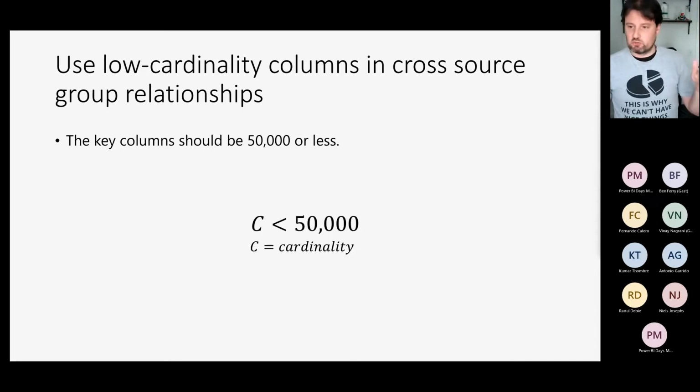That's great if it's your own source. But let's imagine it's your customer list, and for some weird reason you're relating on a first name and last name combination of your customers, and the list that you want to relate to is not owned by you, but by some other company. Because of this cross-source group relationship, in the equivalent of the where clause, all of the customer names, first and last names, will be exposed to that source.